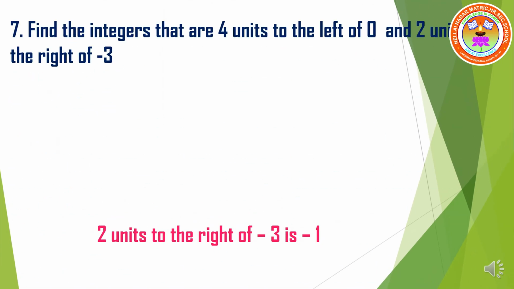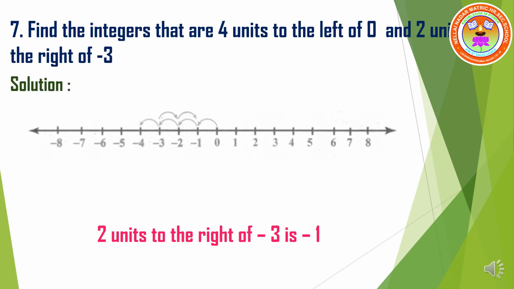Question number 7. Find the integers that are 4 units to the left of 0 and 2 units to the right of -3. So we have to write the integers which are 4 units to the left of 0. So first, when we move towards the left 4 units, we arrive at -4.